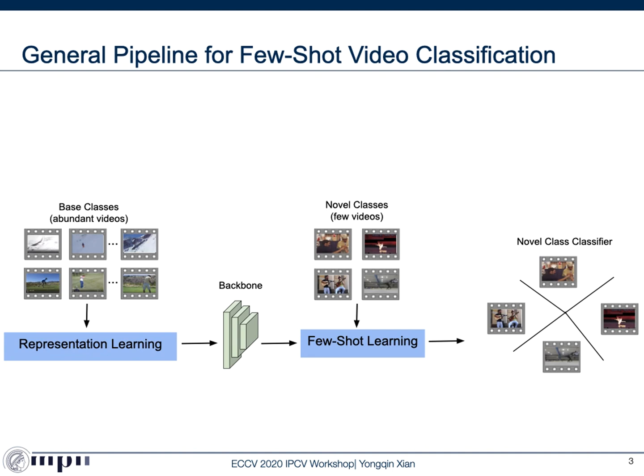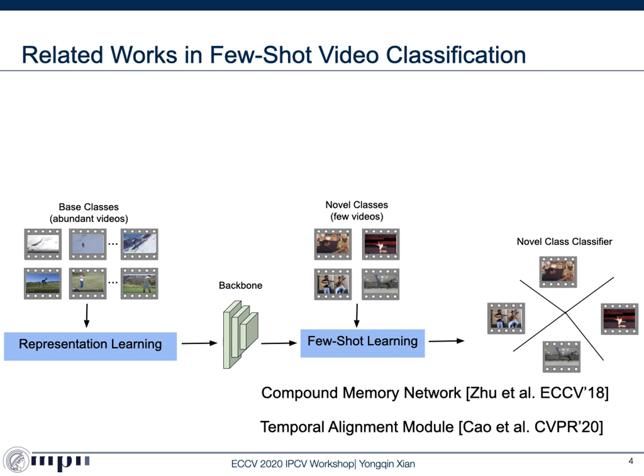The general pipeline for few-shot learning is as follows. In the representation learning stage, we learn the video representation on base classes. Then we use the learned backbone to extract features for novel classes and learn novel class classifiers with only a few examples. Previous few-shot video classification approaches mainly focus on improving the few-shot learning stage.